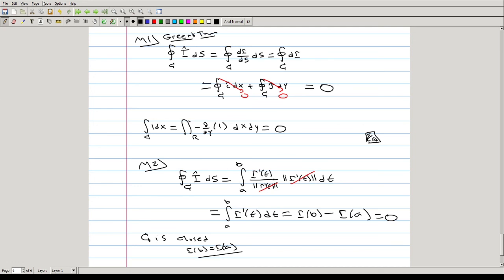So the next thing I want to talk about in this lecture will be how to extend Green's theorem to more complicated domains. Specifically, this is domains with holes in them, so non-simply connected domains.